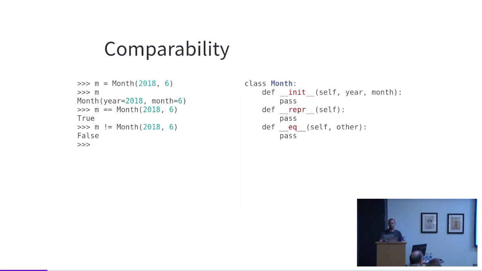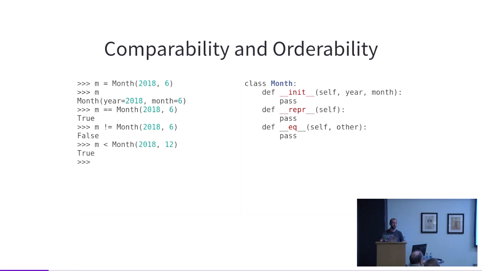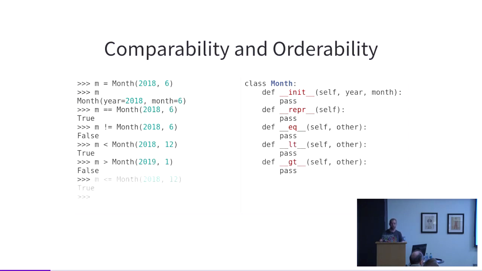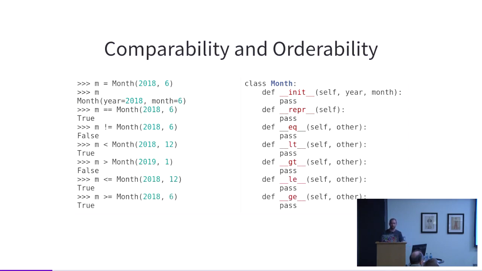If you wanted to go further here, and you wanted to make your class sortable or orderable, you'll need to implement the less than operator using dunder LT, the greater than operator using dunder GT, the less than or equal to operator using dunder LE, and the greater than or equal to operator using dunder GE. We've just ballooned this class. We now have lots of methods for each of these individual comparisons. So after all of this, we've not even written any code. Our class is already looking pretty heavy.